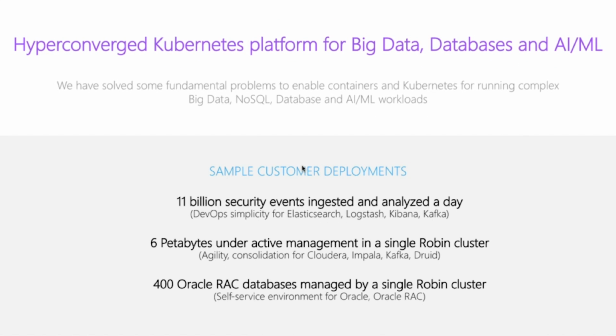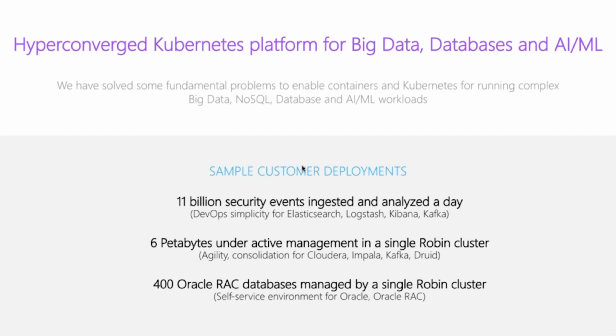We're doing this for a number of customers, across a number of different industries and types of workloads. One of the biggest ones that we tend to showcase is a pretty large leader in the travel industry, a technology service provider in the travel space. These guys are running hundreds of Oracle RAC databases on a single Robin cluster.